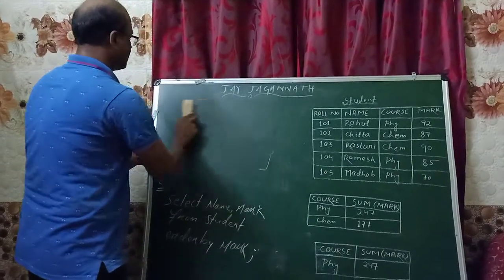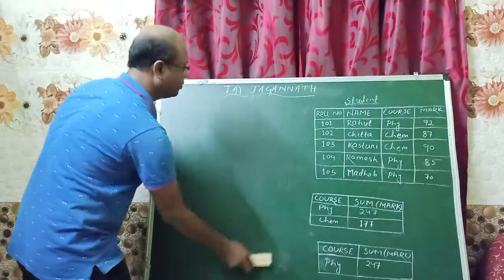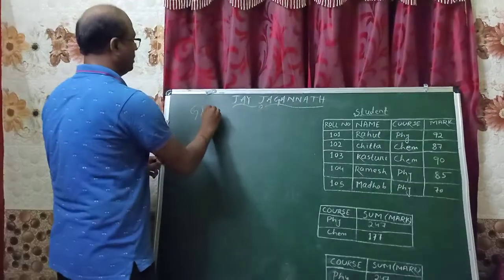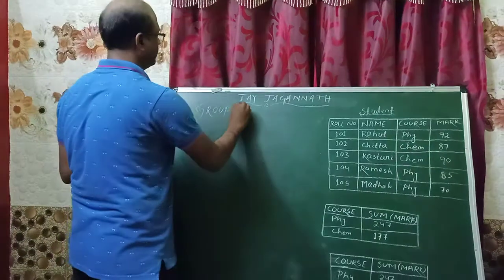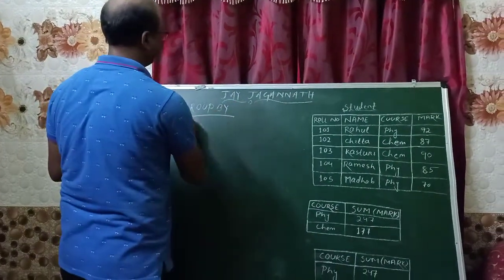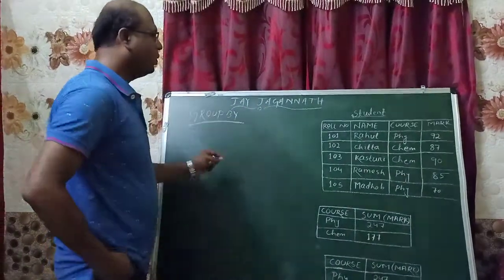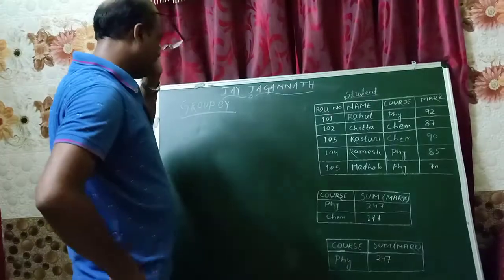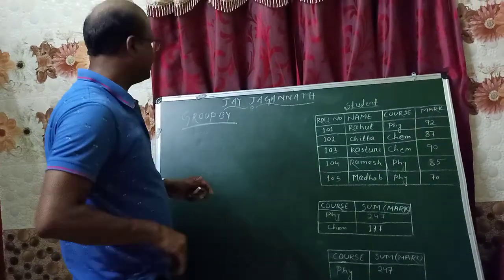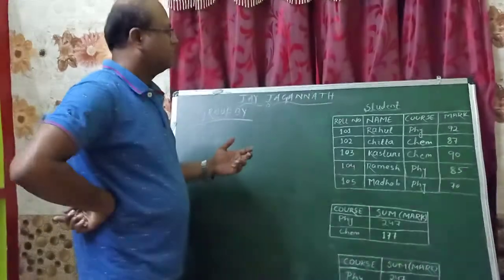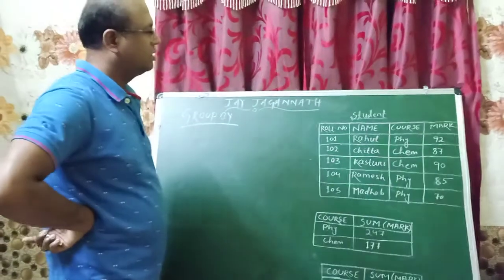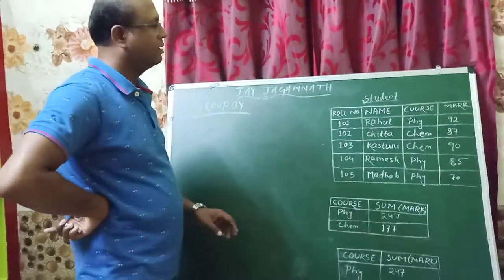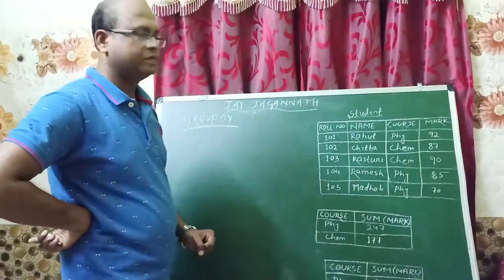Next we will discuss the group by clause. Group by clause is used to retrieve or to fetch some identical values of multiple rows in a particular group.